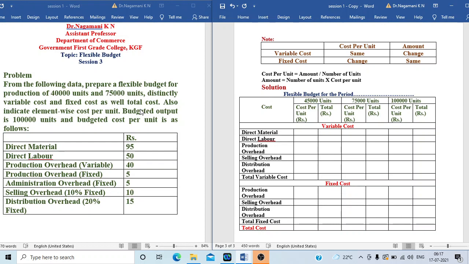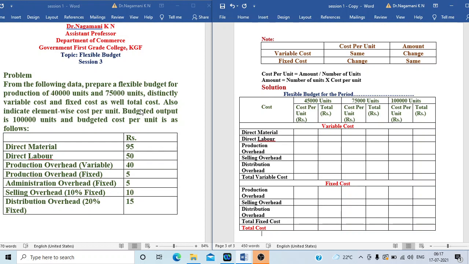But in the previous problems what we have done, we have prepared the flexible budget in the cost sheet format, and whatever the format that was given in the problem, the same format we have taken. But here in the problem they have specified that we have to show variable cost separately, fixed cost separately, and total cost separately.